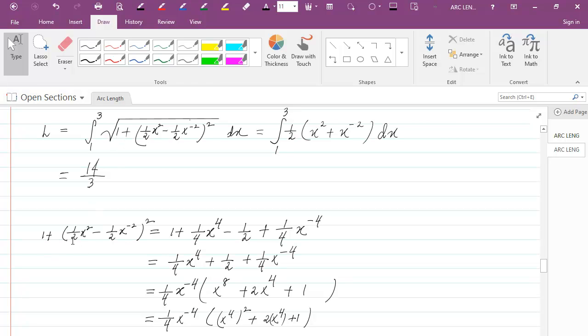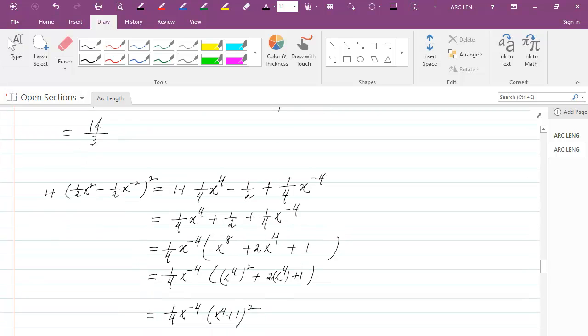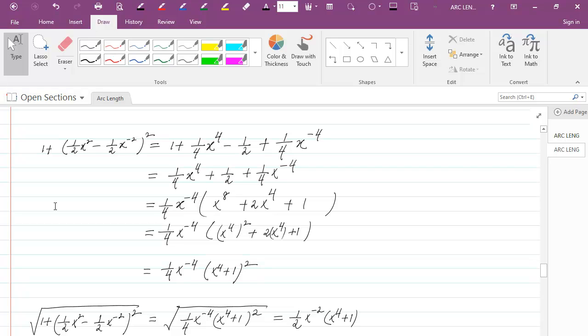So I get 1 plus half of x squared minus half of x to the negative 2, squared. And if I expand the square, then I get 1 plus 1/4 x to the 4, and then minus, we're going to get 2 times this times that.